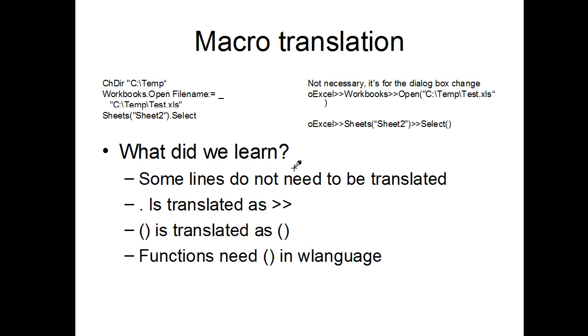And here I'm talking about the last line. You see that the Select on the W language side has the parentheses, and the Select on the macro does not. So on the W language side, you need to have the opening and closing parentheses when you are talking about a function. As you can see, it is not very difficult to translate.